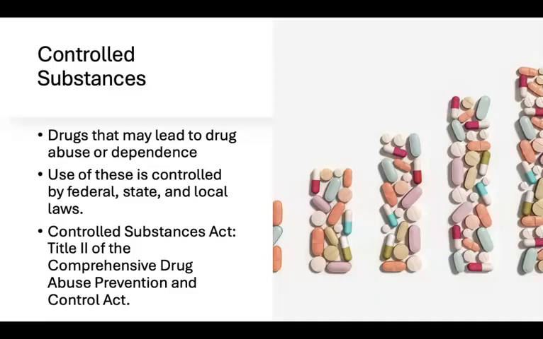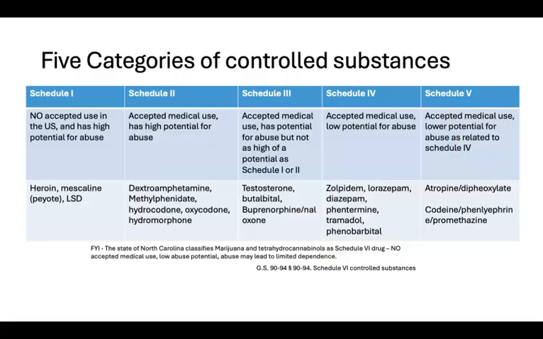When we think about controlled substances, these are medications that are placed in various categories, up to 5 categories. In some states there actually are 6 categories. Schedule 1 drugs, you can see, are medications like LSD or heroin, which have really no accepted use for any kind of medical condition.